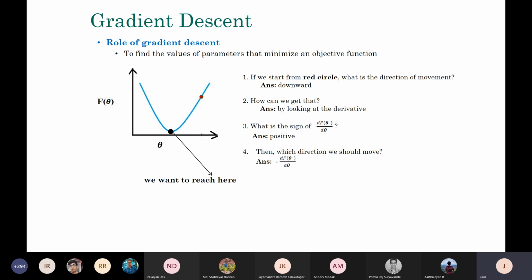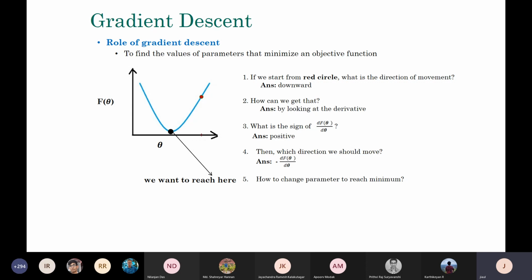So therefore, how do we change the parameters to reach the minimum? My starting point was the red spot, and I know in which direction I have to move. So I have to update my parameter values. So what would my update equation be?